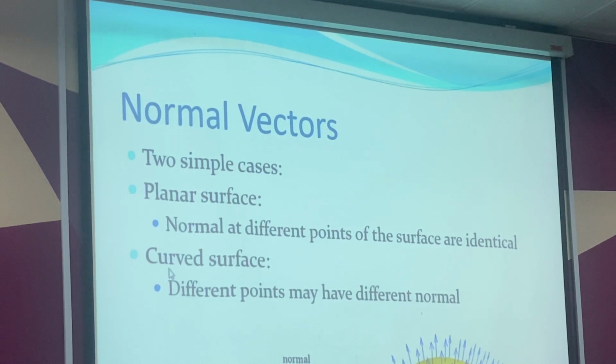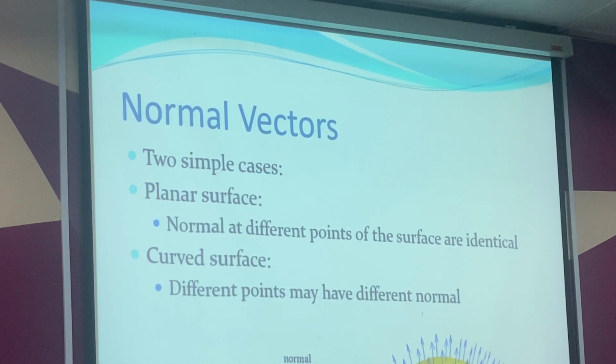However, for a curved surface, let's see this curve, your sphere, you have many vertices, right? Each of the vertices also has one normal. So you have many normals for a curved surface, and different points may have different normals. More normals mean more calculations, more expensive, but your quality will be better on the lighting and the shading.